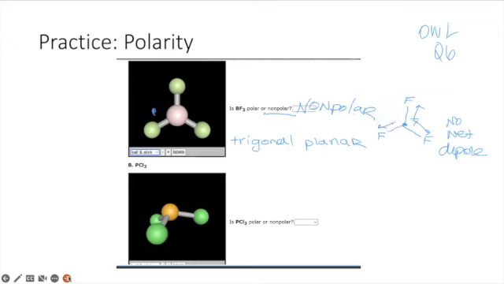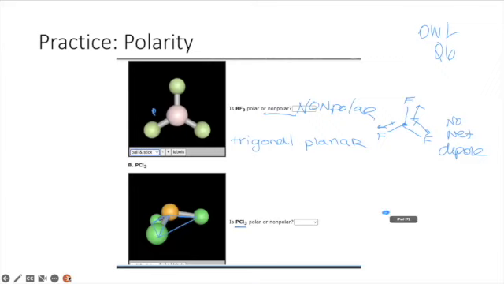So PCl3 is pretty similar, only it has this downward pyramid kind of shape. If you were able to grab it with your mouse and spin it around, you'd be able to see that.